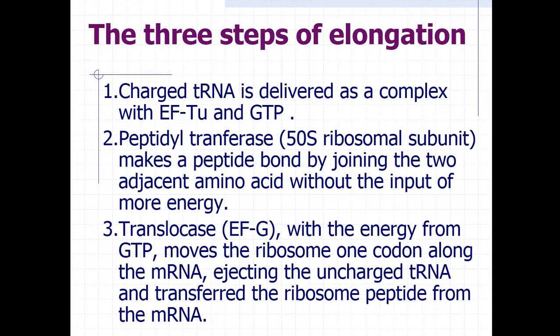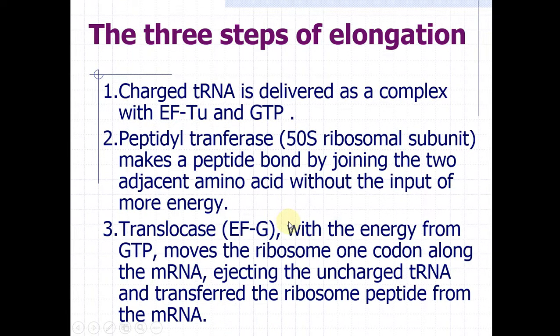There are three steps in elongation. The charged tRNA is delivered as a complex with EF-Tu-GTP. That is, EF-Tu-GTP brings the correct, accurate charged tRNA to bind into the A site.